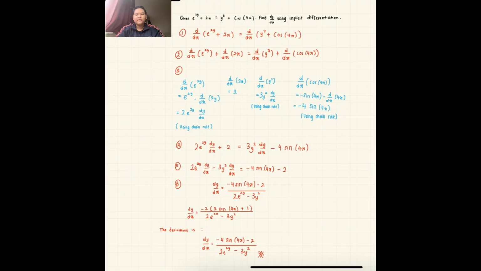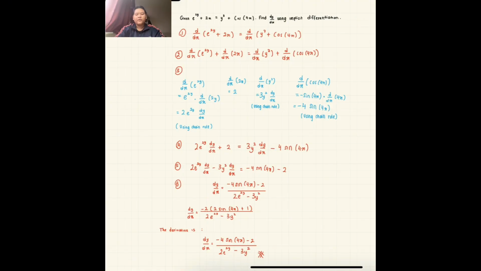Substituting these derivatives back into the differentiated equation: 2e^(2y) dy/dx + 2 equals 3y^2 dy/dx minus 4 sine 4x. Isolate terms containing dy/dx. We want to gather all terms with dy/dx on one side.